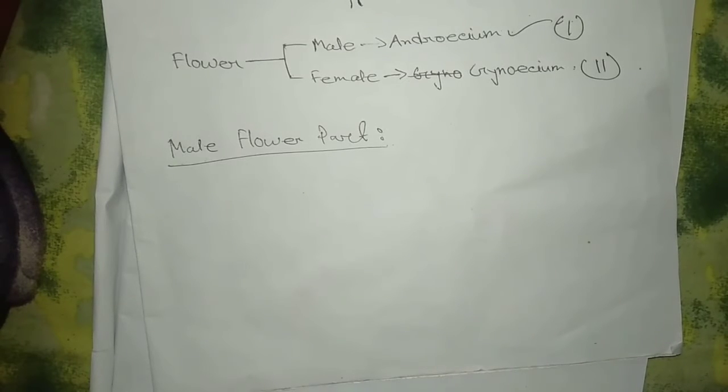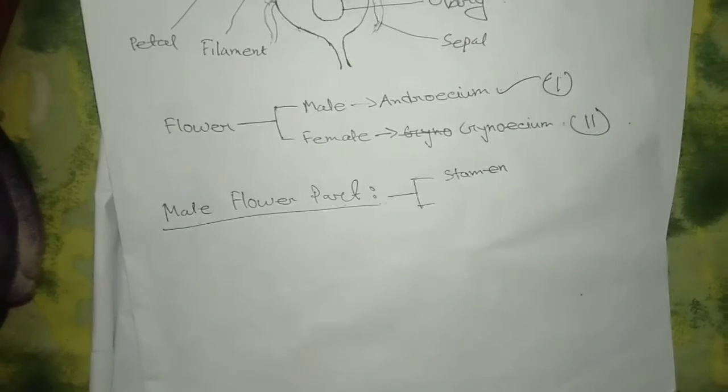If the anther does not work properly, then pollination will not occur, and if pollination does not occur, then fertilization is impossible. So the whole cycle of reproduction will be stopped.